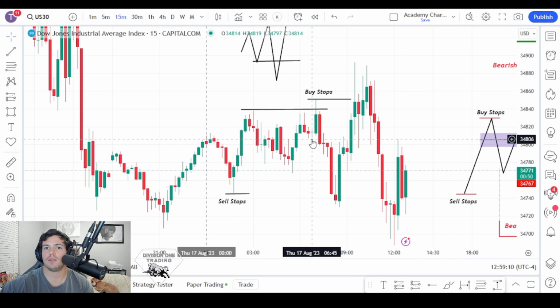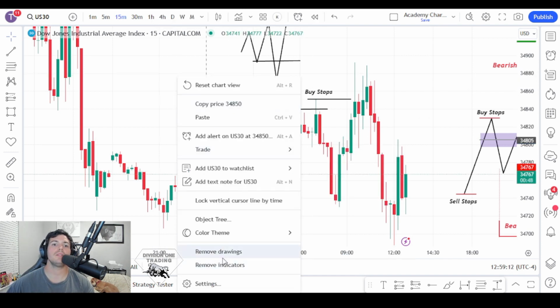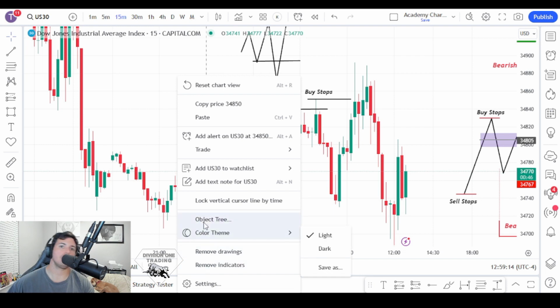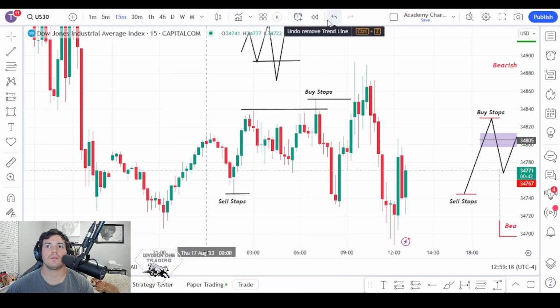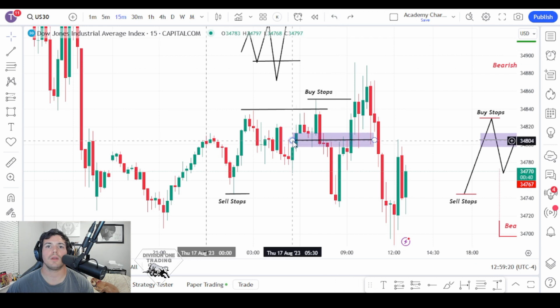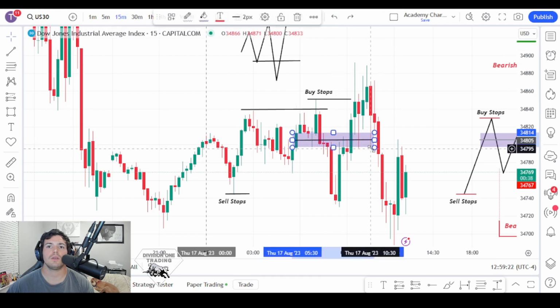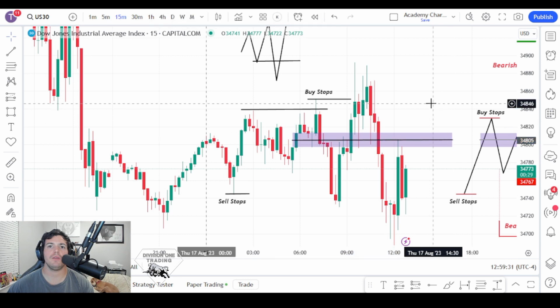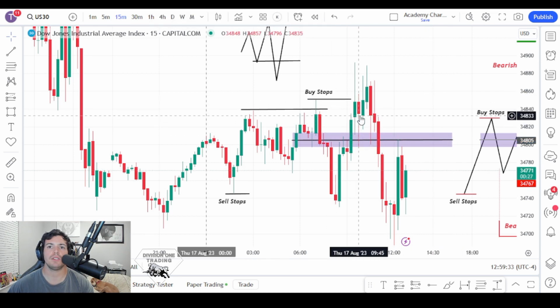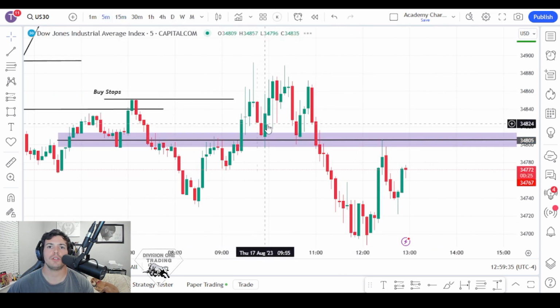First, let's go here and let me see. Okay. So let's draw this out. And I want to talk about this level and how this level can be used multiple times when you're trading it.